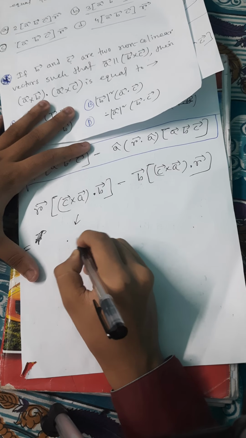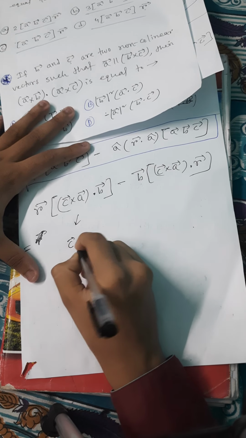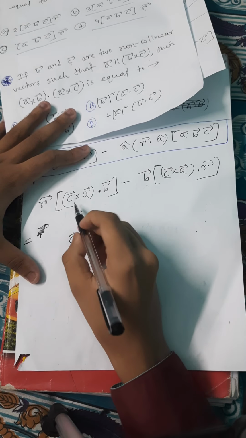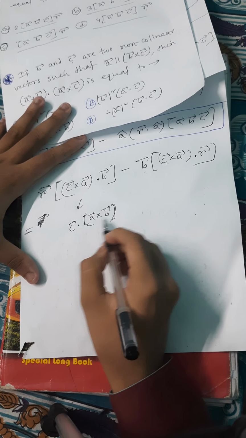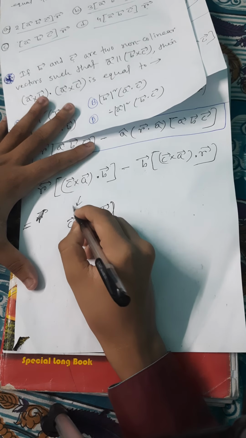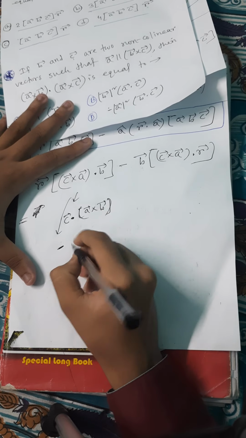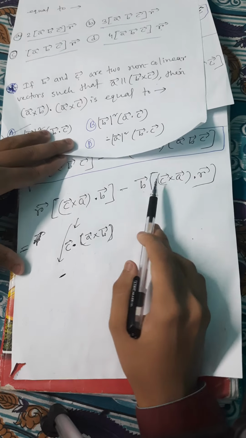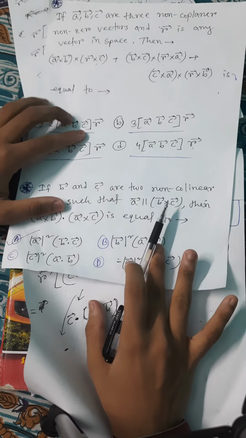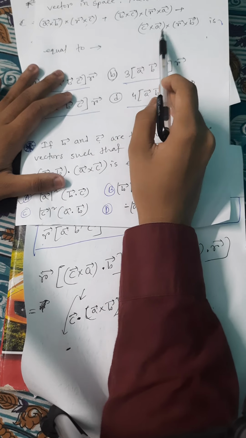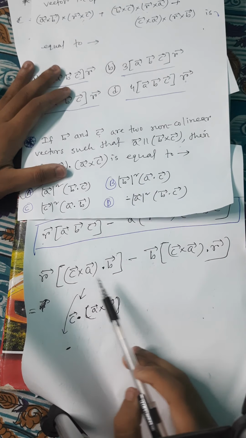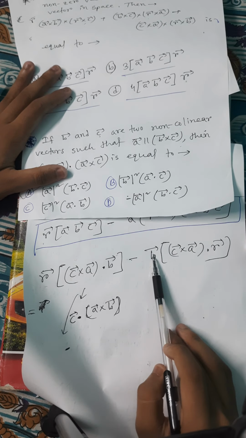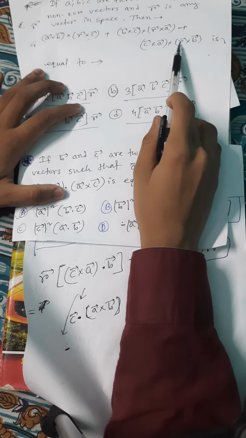ABC, we have to write in ABC form, right? C dot a cross b, but that is not ABC form. Okay, first take out a minus sign. Am I writing correctly, right? We are correctly expanding: r c cross a dot b, r c cross a dot b, b c cross a dot r.